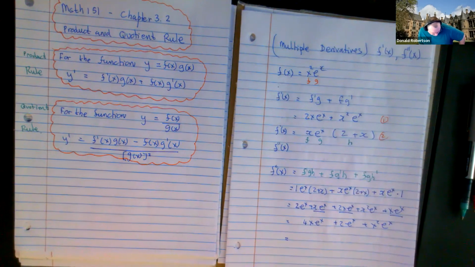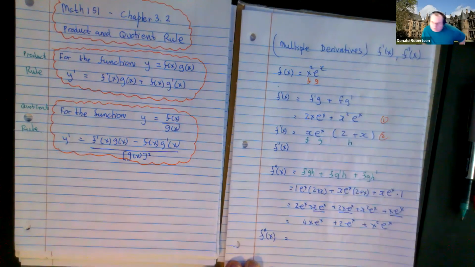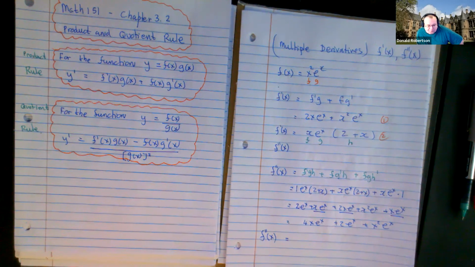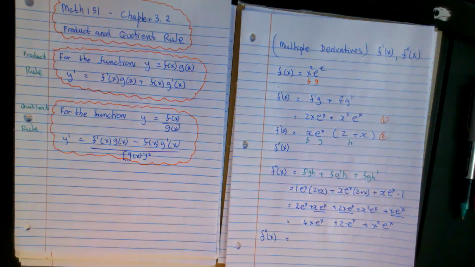Okay. I hope I got those all right. What do we do next to make it look even prettier? I've got this expression. What could I do to finish the question off? Take out e to the x.